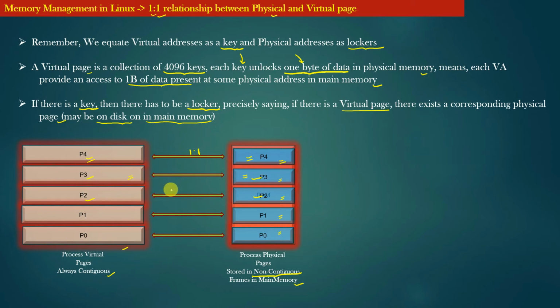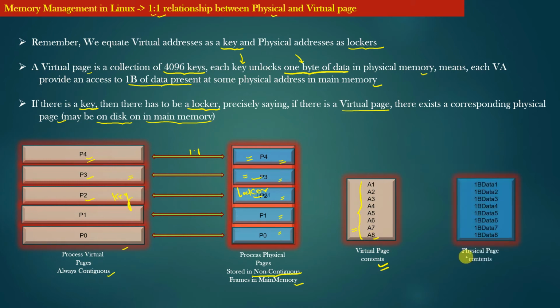So as simple as that, if virtual page is a key, then physical page is like a locker where you kept your data items. So a typical virtual page looks something like this. Once again I am stating, virtual page is just a collection of virtual addresses. So A1, A2, A3, A4 up to A8 are like virtual addresses, and actual data is stored on the corresponding physical page.